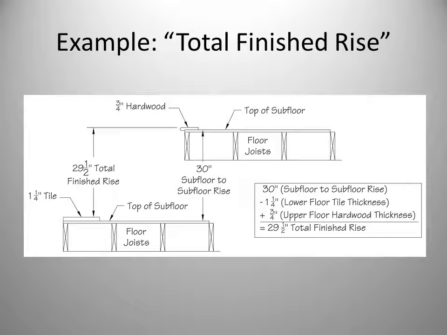We subtract the tile that's on the lower floor at 1.25 inches, and then we add back in the upper floor material thickness of 3/4 inch. This gives us a total finished rise of 29.5 inches. That is the dimension that we will use to calculate and design our stair.